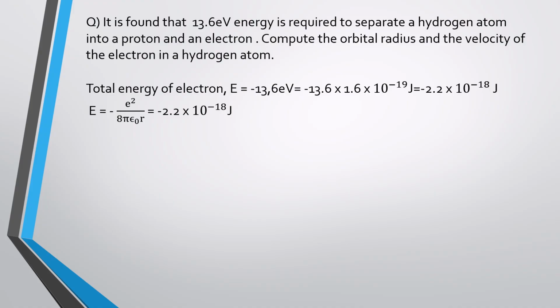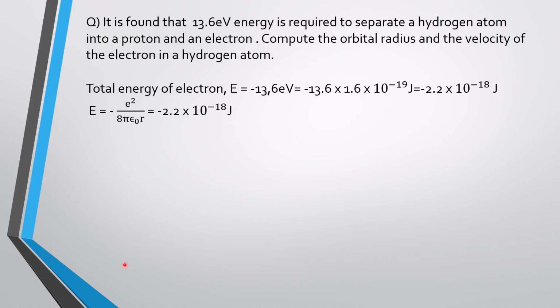It means that the total energy E is equal to minus 13.6 electron volt. To convert electron volt into joule, multiply with 1.6 into 10 raised to minus 19. We get minus 2.2 into 10 raised to minus 18 joule. So E is equal to minus 2.2 into 10 raised to minus 18 joule.